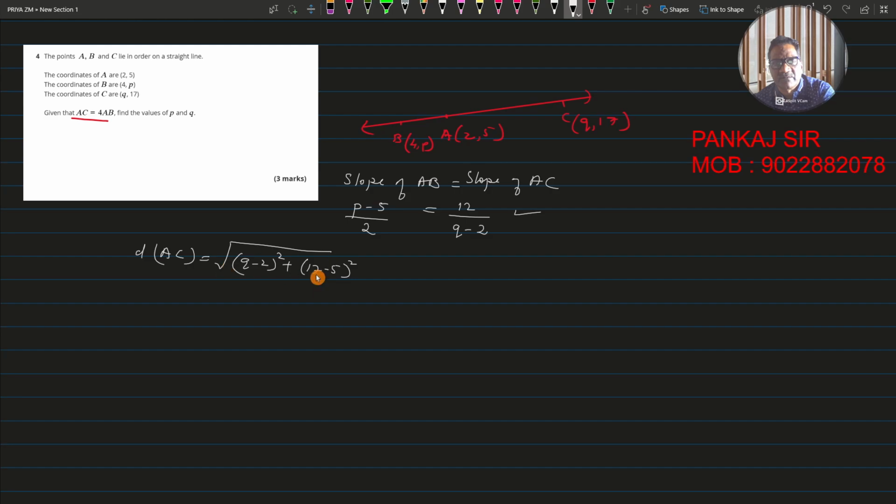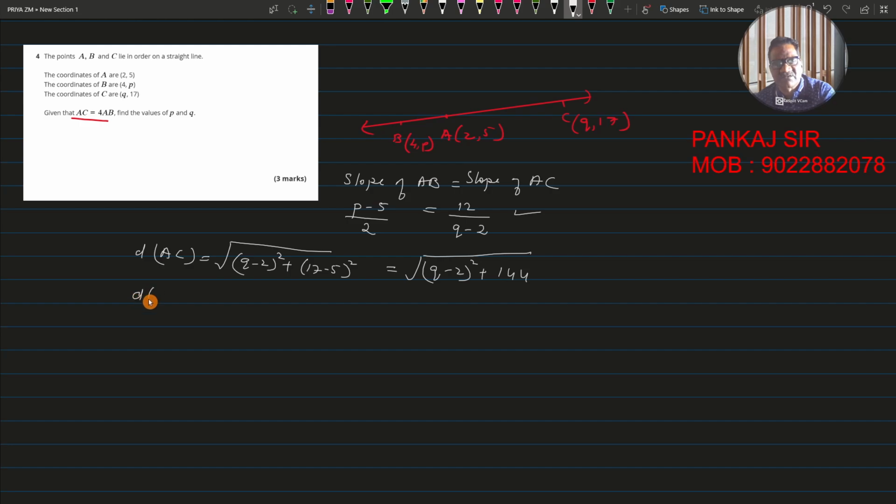This works out to the square root of (Q minus 2) whole square plus 17 minus 5 is 12, and 12 square happens to be 144. So this is your AC.